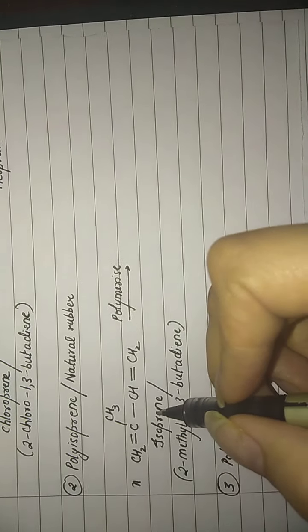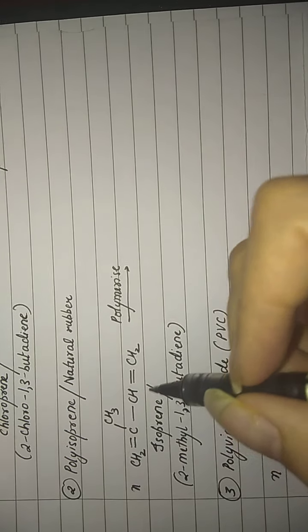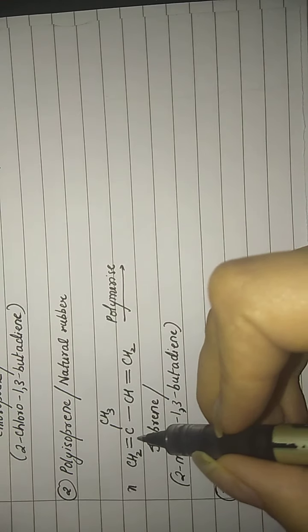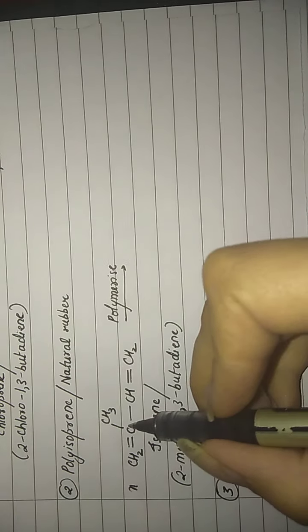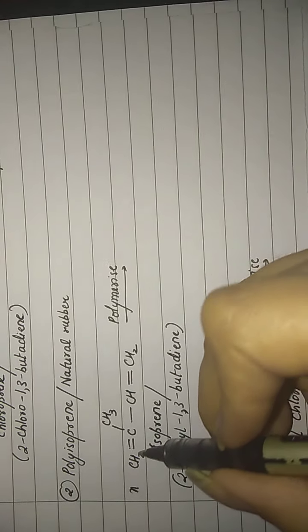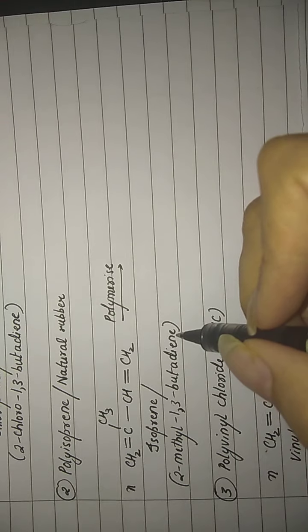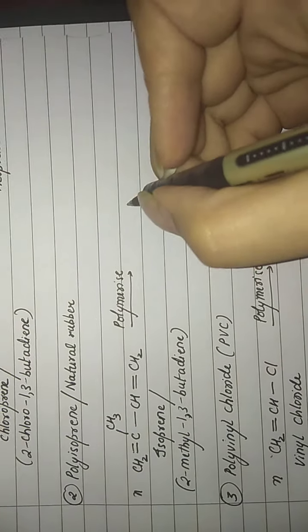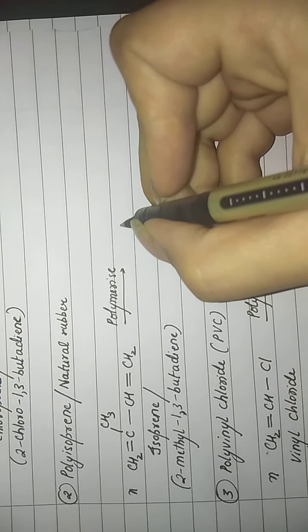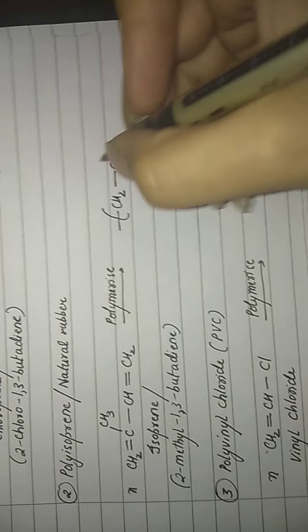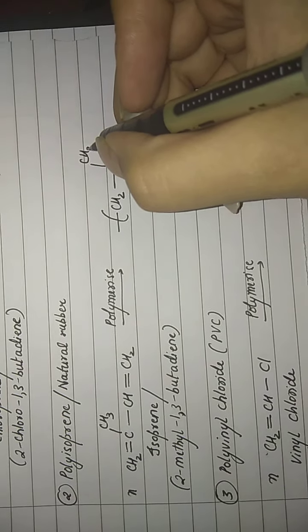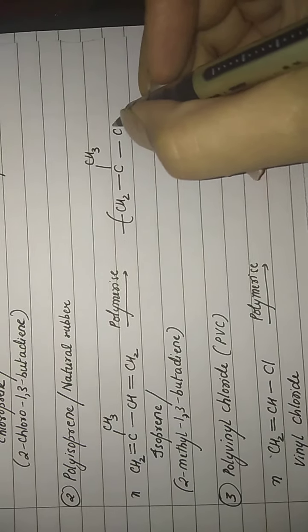Now the monomer unit of this particular natural rubber, the compound from which it is formed, is isoprene, which can also be called 2-methyl-1,3-butadiene. Second position we have the methyl substituent, and this chain is the 1,3-butadiene chain. In the same way as neoprene, I draw the whole chain removing the double bonds.